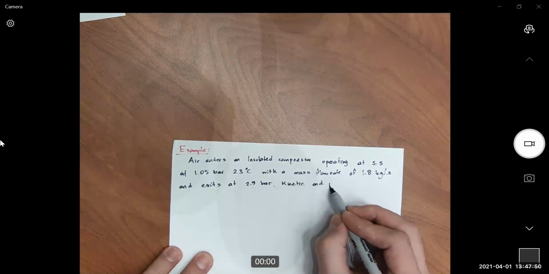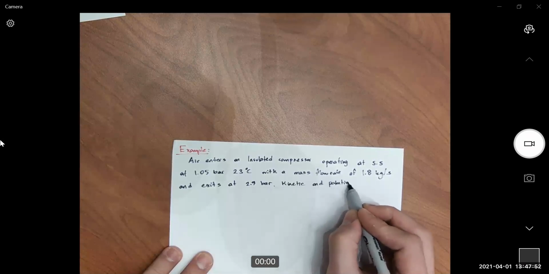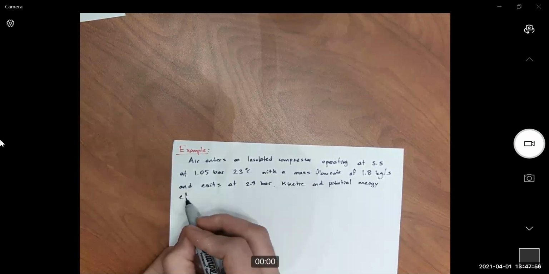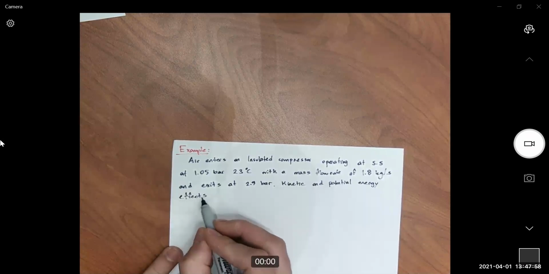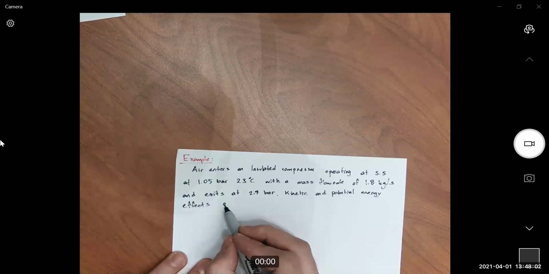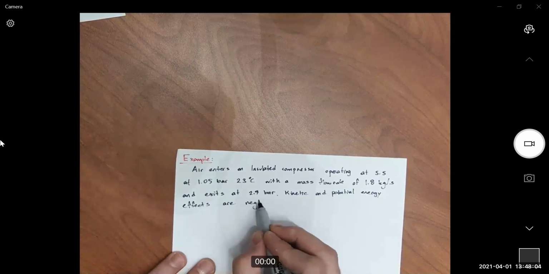Kinetic and potential energy effects are negligible.